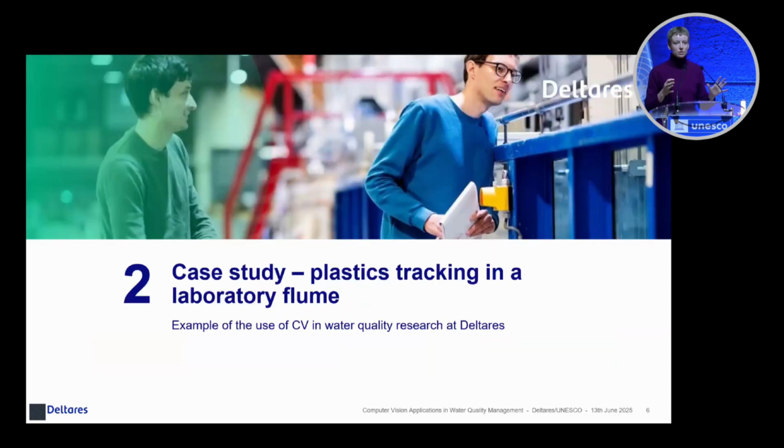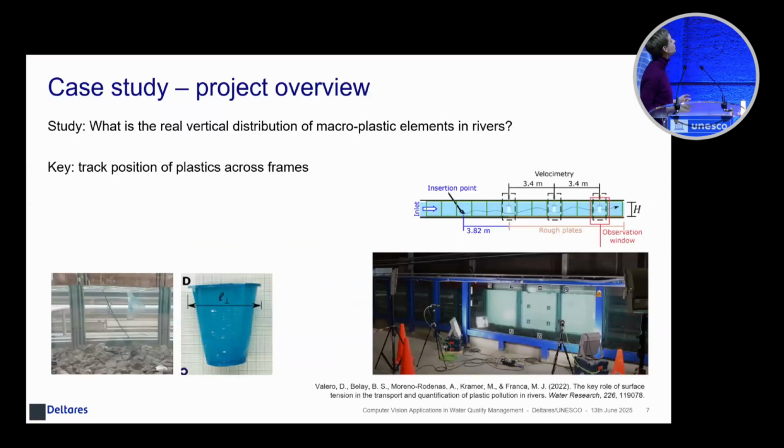Going from these trends and developments, I'll show you one project at Deltares where we tested computer vision in various strategies, also showing you a bit of the trade-offs between how you can use these models. The project itself was a laboratory flume experiment where we wanted to know the vertical distribution of macroplastic elements in rivers.